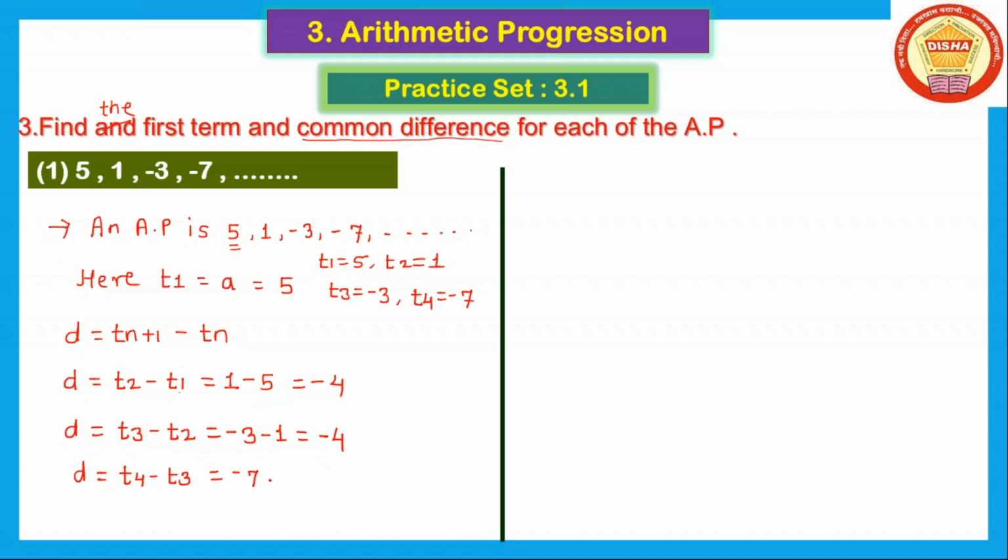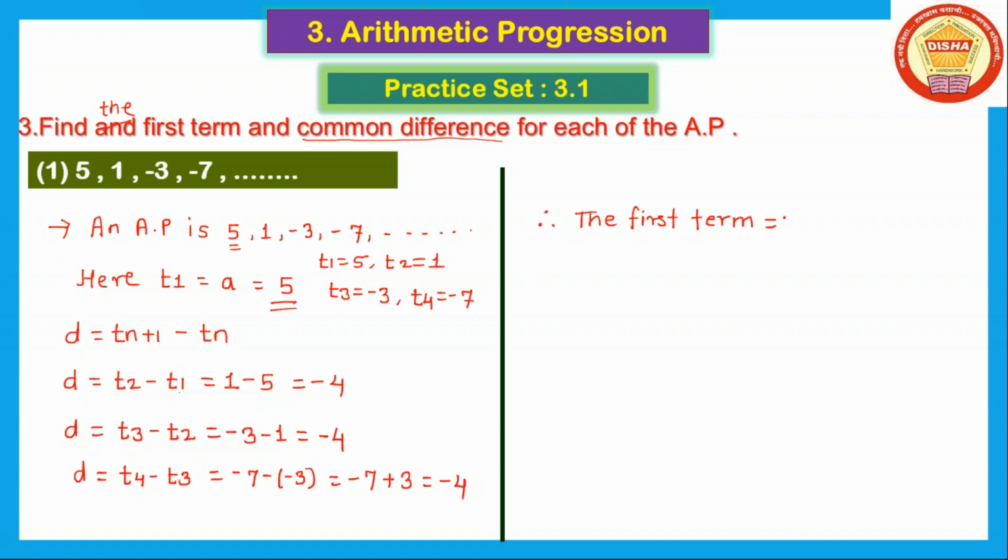T4 is -7 minus T3 is -3. -7 plus 3 means the answer is -4. So below that we write our final answer. The first term is equal to, what is that first term?